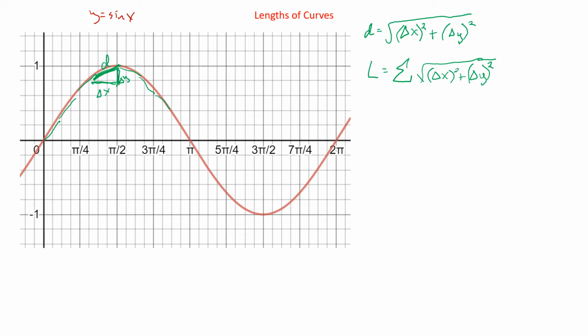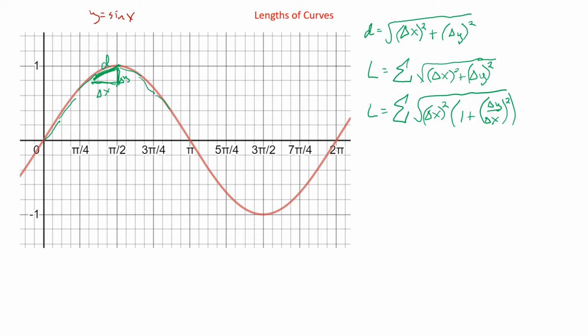I'm going to factor out the delta x squared. So we're going to get delta x squared, and then times what's left. Well, delta x squared divided by itself is 1, plus, to factor it out of the second term, we'd have to divide, so we'd have delta y squared divided by delta x squared, or, because of exponent properties, delta y over delta x, squared.